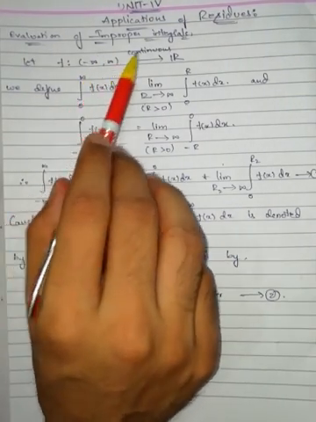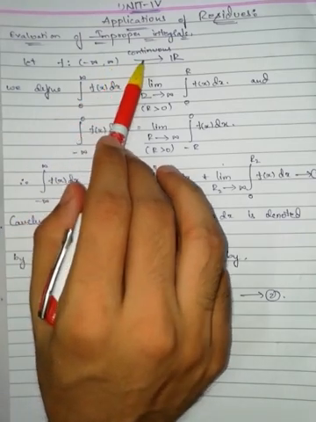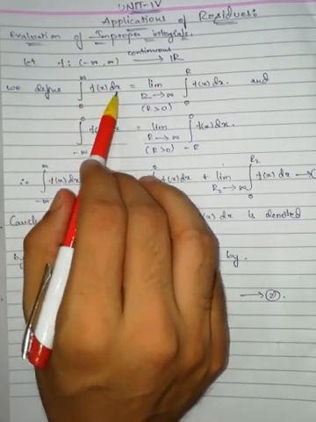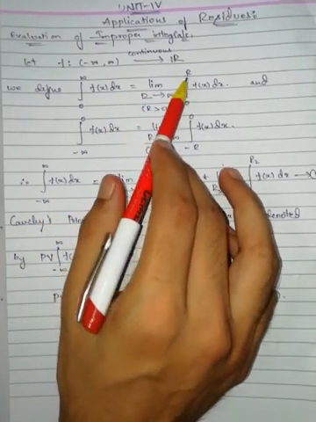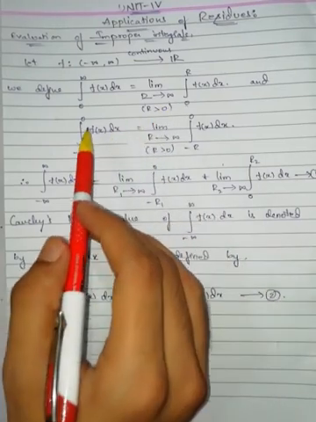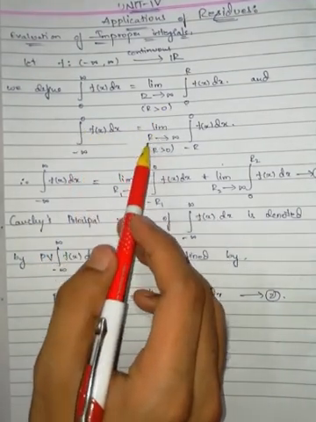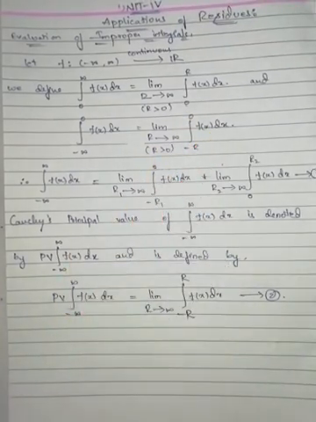Let f be a continuous function mapping from the open interval minus infinity comma infinity to R. Then we define integration 0 to infinity f of x dx as limit r tends to infinity, integration 0 to r f of x dx. Similarly, integration minus infinity to 0 f of x dx as limit r tends to infinity, integration minus r to 0 f of x dx.